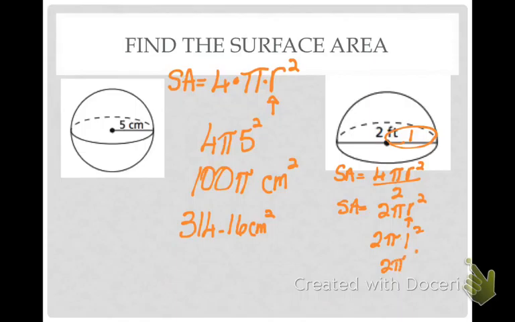Yep, 2 pi feet squared. Or again, I can change this into a decimal, and I get 6.28 feet squared. So that is the surface area of this hemisphere.